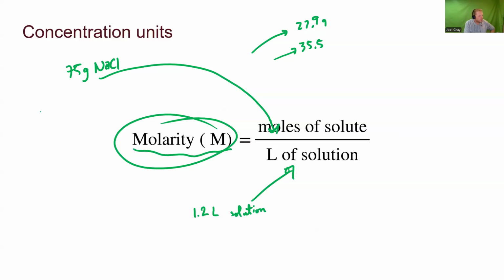Could anyone add to the chat what is the number of moles of NaCl that we have if we've got 75 grams of NaCl? 1 mole of NaCl is 22.9 plus 35.5. So 22.9 plus 35.5 is 58.4.